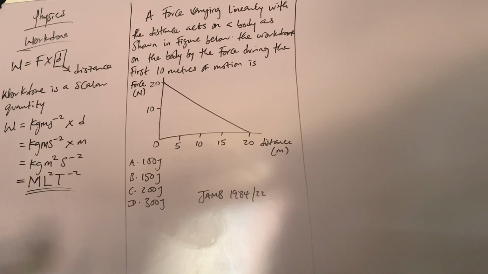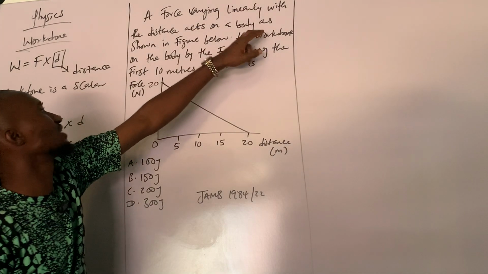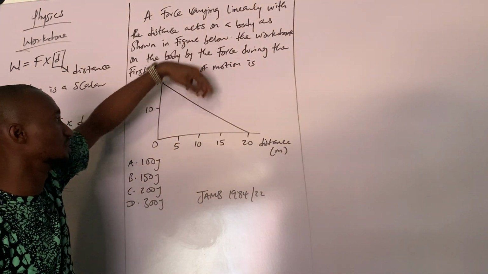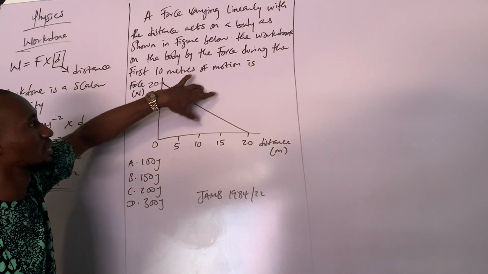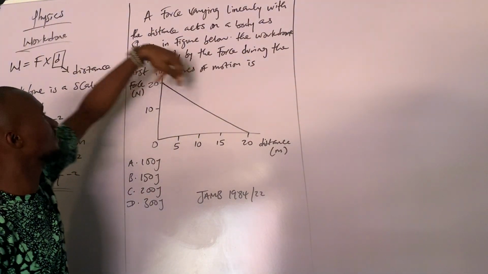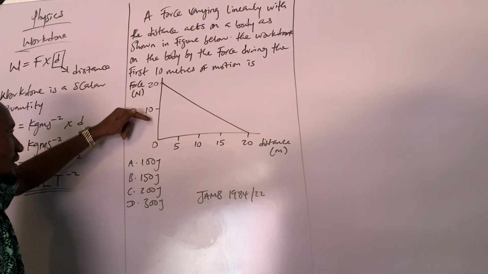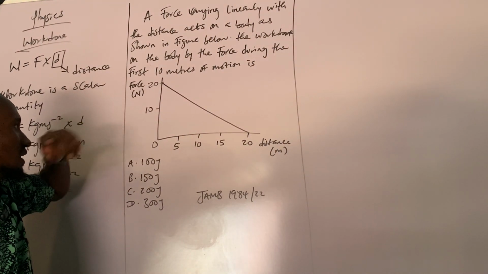Now let's go into calculation on this. So look at this question now. The question said, a force varying linearly with the distance acts on a body as shown in the figure below. This is the figure. The work done on the body by the force during the first 10 meters of motion is, now look at the diagram.